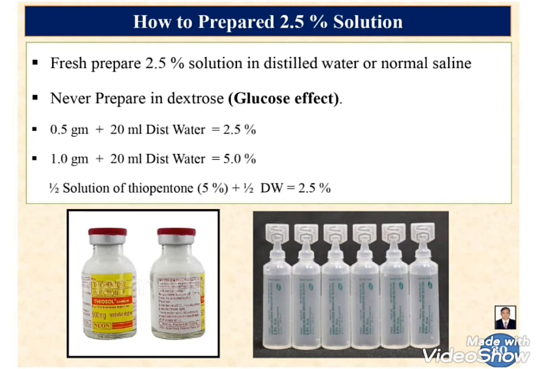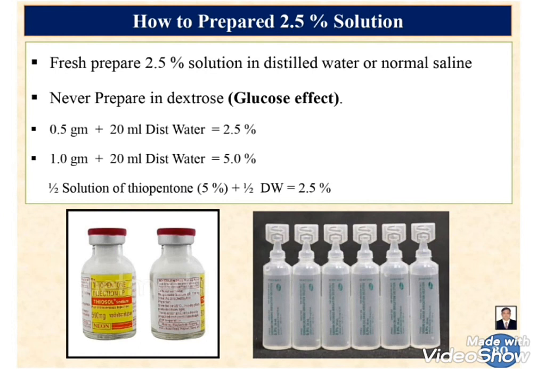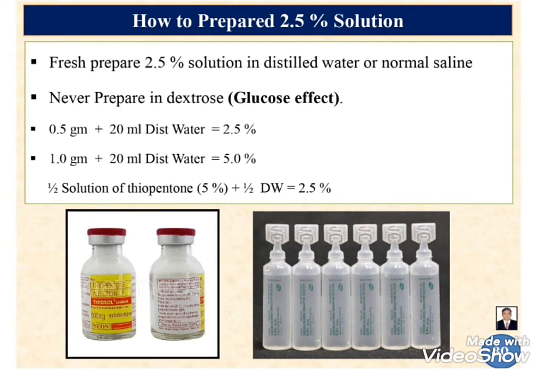So in the 0.5 gram thiopentone vial, add 20 ml of distilled water or 20 ml of NS and mix it. This makes the 2.5% solution.